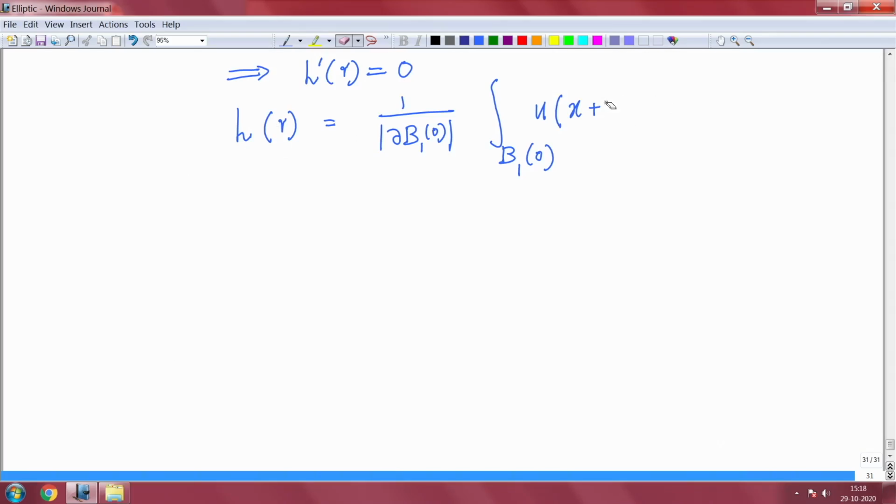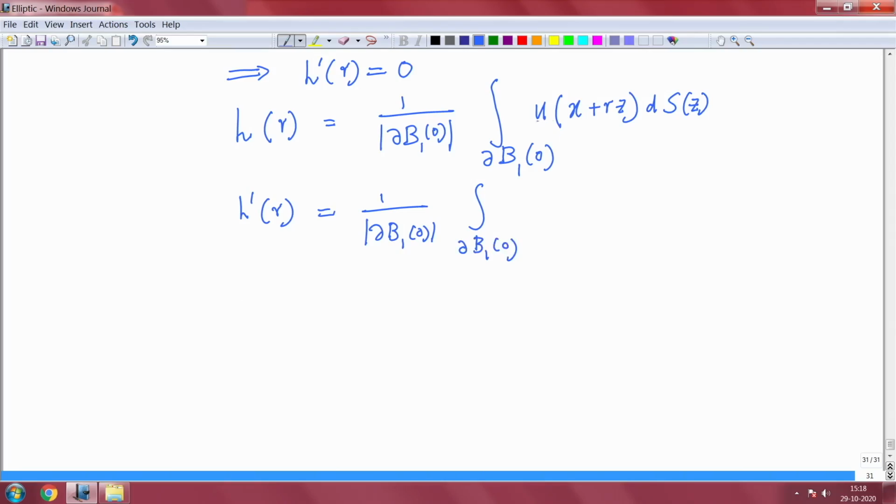So h(r) is the average of u(x plus r z) ds(z), with any variable you can use. I am making a change of variable here, and this is on the boundary of B1(0). Now I can differentiate. Therefore h prime of r is equal to, now it is all independent of r on the boundary of B1(0), the integral over it.